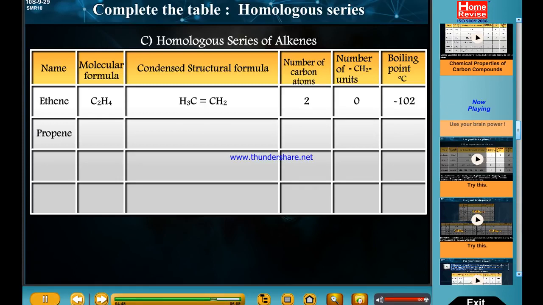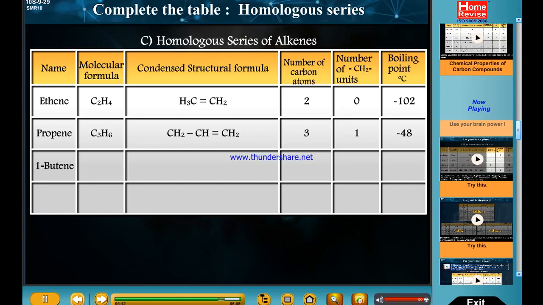Propene, C3H6, condensed structural formula CH3CH double bond CH2, number of carbon atoms 3, number of CH2 units 1, boiling point minus 48 degrees Celsius.